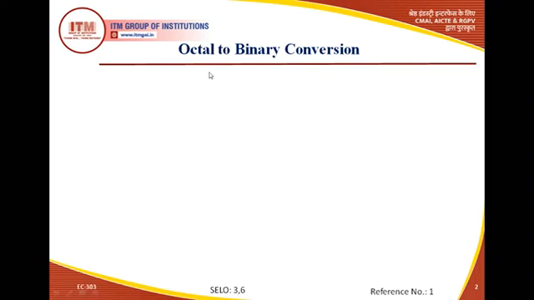We know that in the octal number system we use 8 digits, that means 0 to 7. So 8 numbers will be represented by 3 binary bits, because 2 to the power 3 is 8.